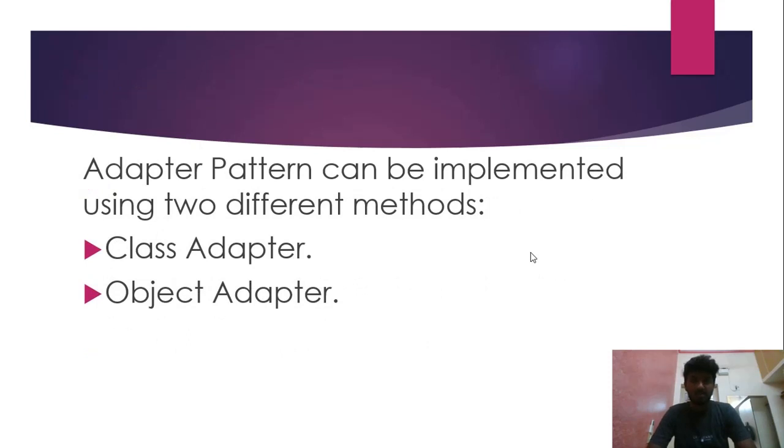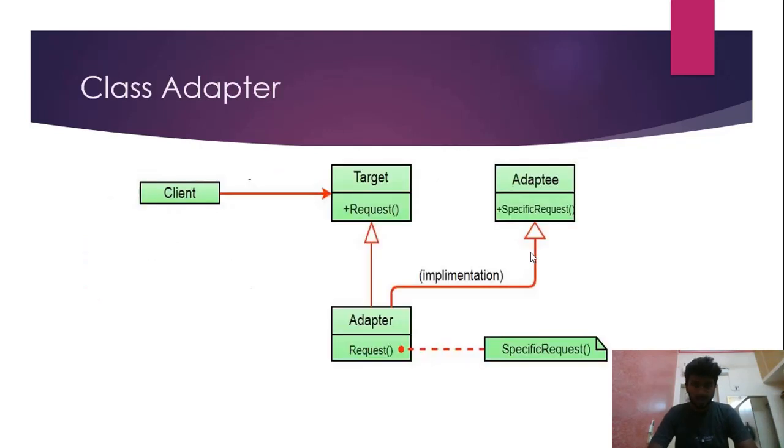Adapter pattern can be implemented using two different methods, which are class adapter and object adapter. Here in class adapter, the target is a class which needs a feature of the adaptee class, but due to incompatibility issues, it cannot work together.